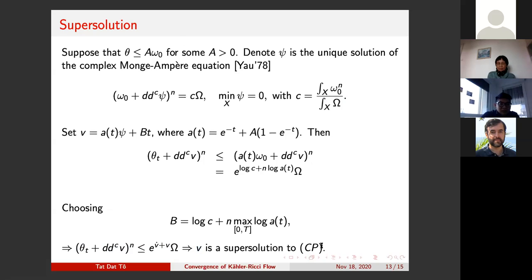Okay, so this is a simple idea for constructing a subsolution and supersolution in the case when the class theta here is not Kähler, but big, where we have the positivity condition for theta.